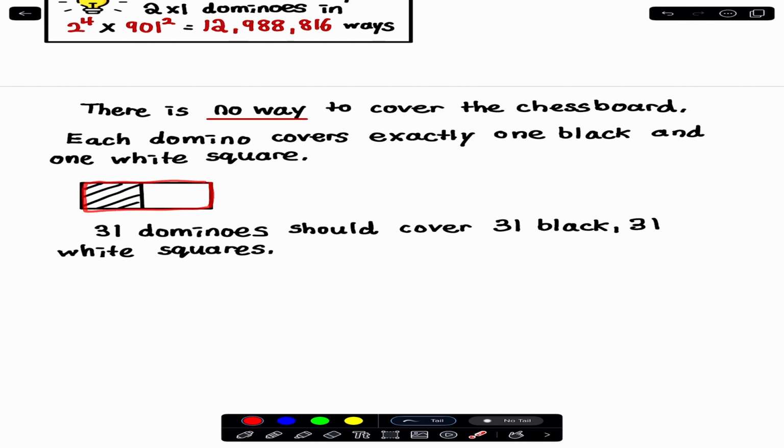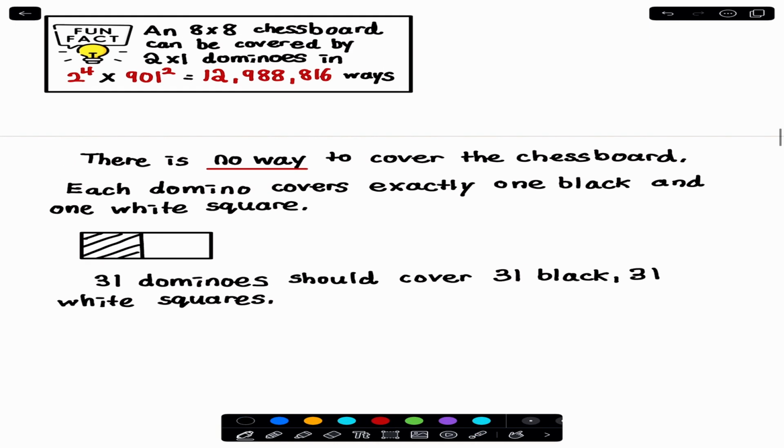Right? We've looked at each individual domino covers one black square and one white square. Exactly. So if we have 31 copies of these, then it should cover 31 black and 31 white. But do we have that in this problem?